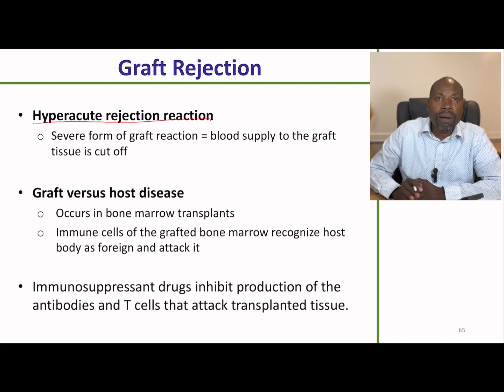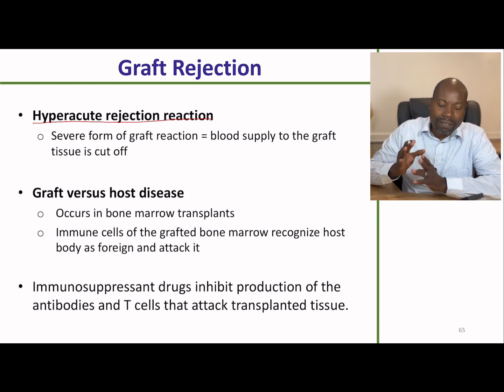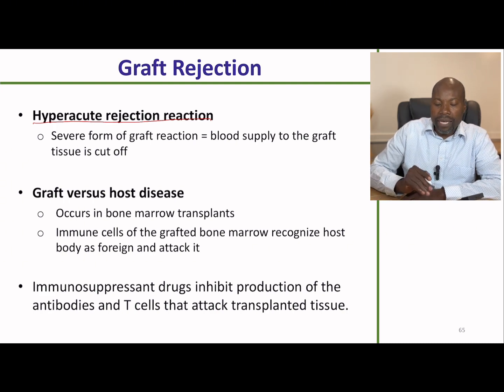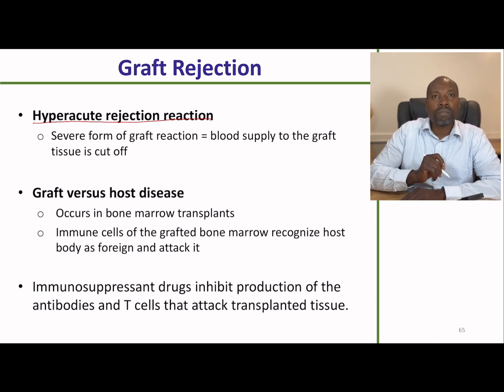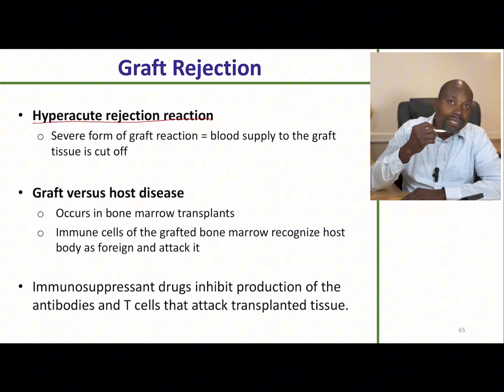In the case of bone marrow transplant, things are not very simple, right? Because you are actually bringing bone marrow, and in the case of red bone marrow, you are bringing stem cells.